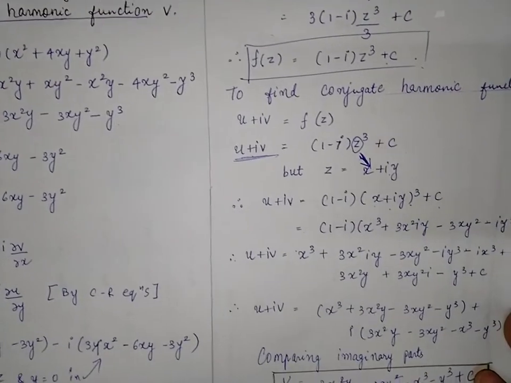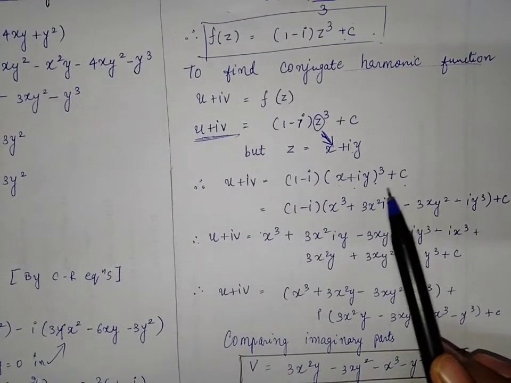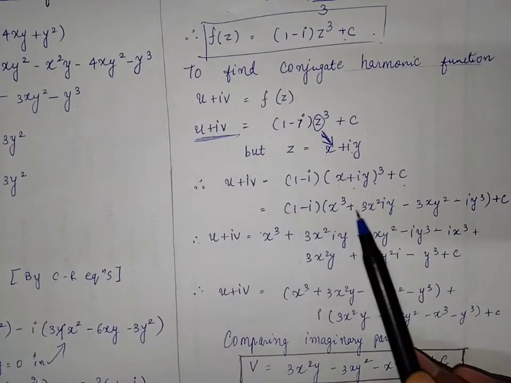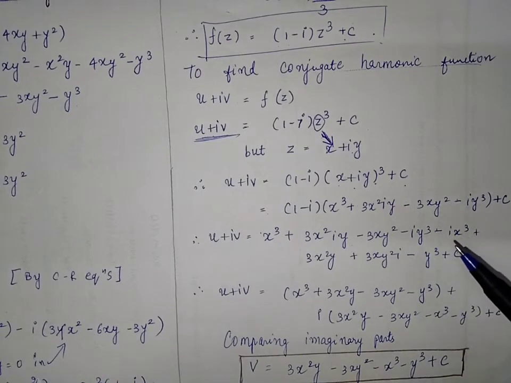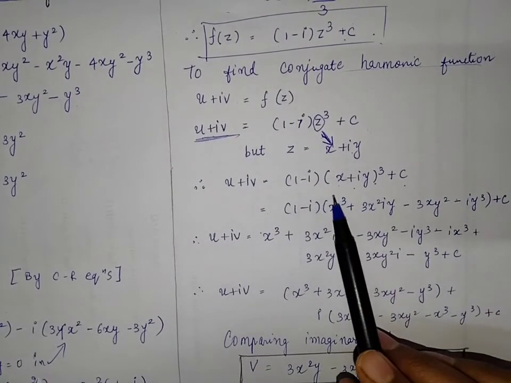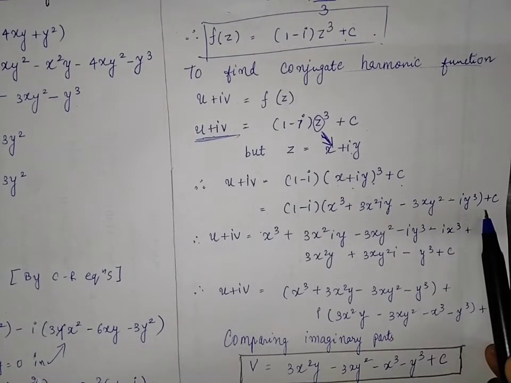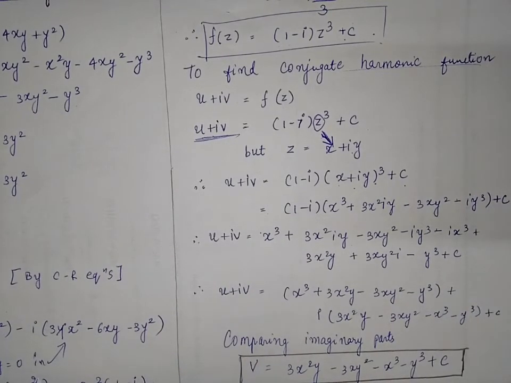Now you all know the formula of x plus iy cube, that is a plus b whole cube is a cube plus b cube plus 3a square b plus 3ab square. Okay, so by using this formula of a plus b whole cube you will get this term, and you will get the u plus iv form, and then comparing the imaginary and real parts we will get v.